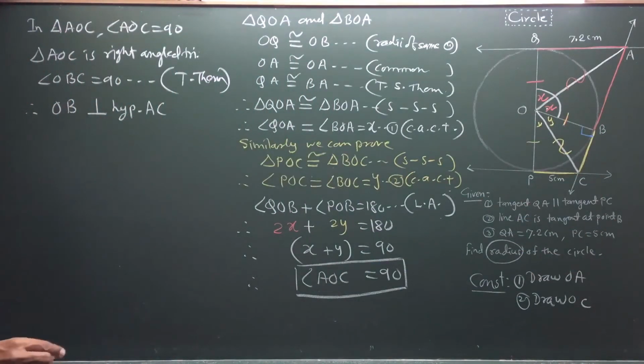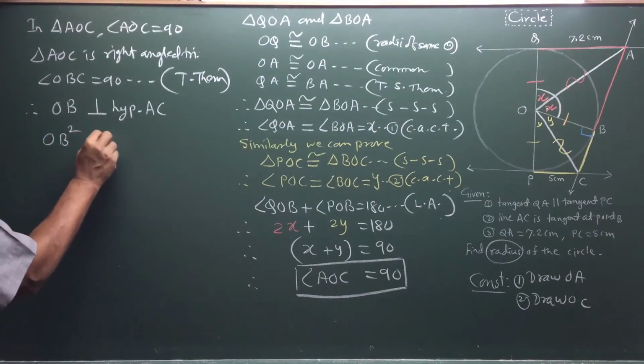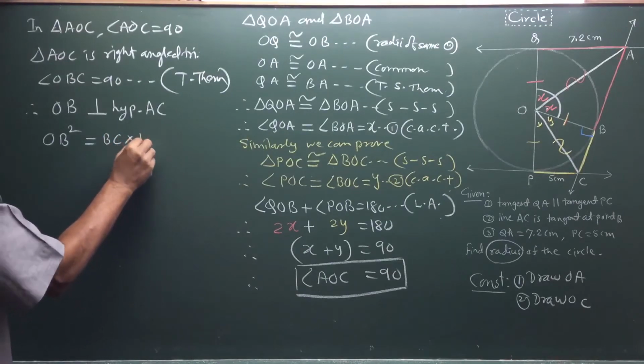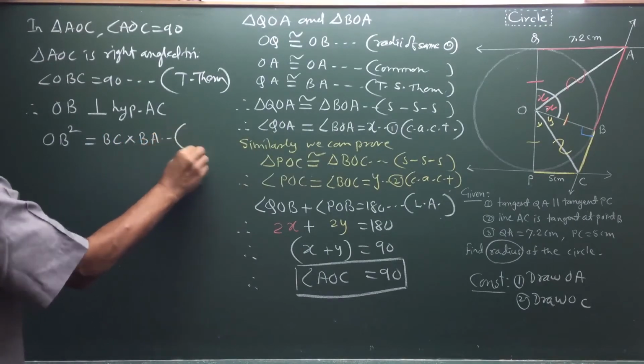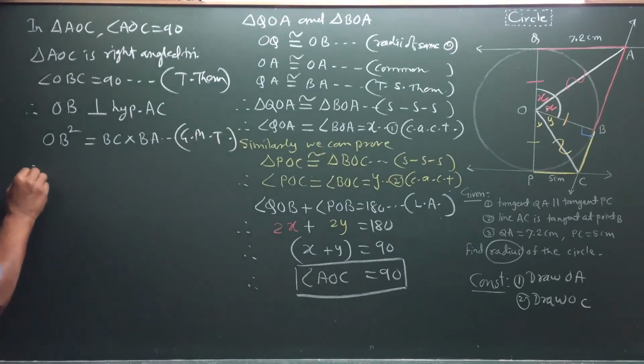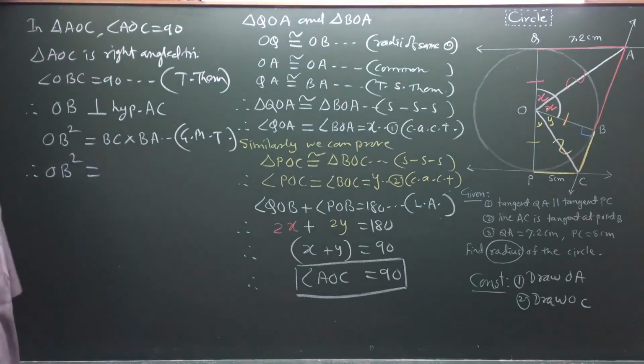It is the geometric mean theorem. So OB square must be equal to BC into BA, by the geometric mean theorem. Therefore, OB square is equal to BC into BA.